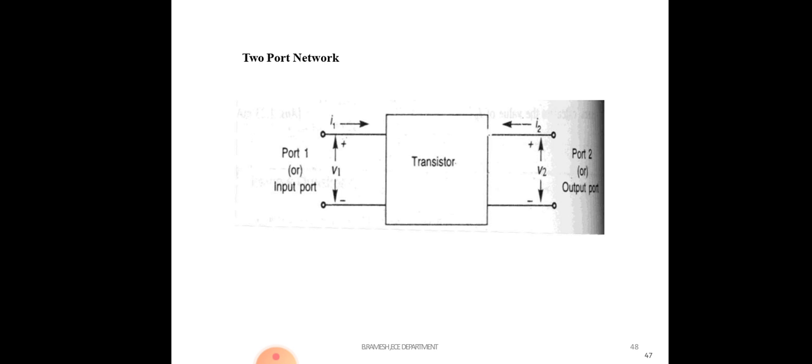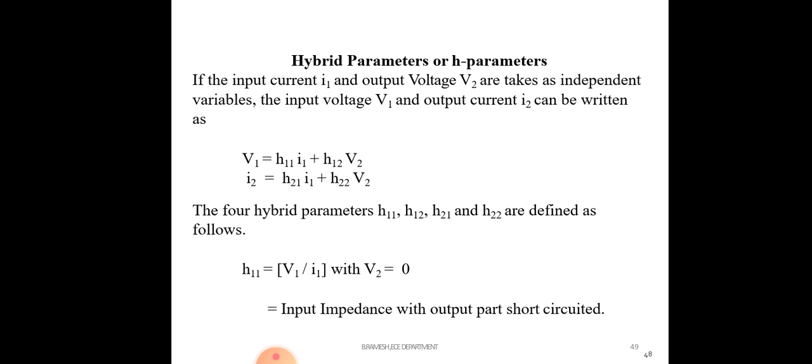In this, V1 and I2 are the dependent variables, and I1 and V2 are the independent variables. So this is called a hybrid parameter. H parameter is also called a hybrid parameter.